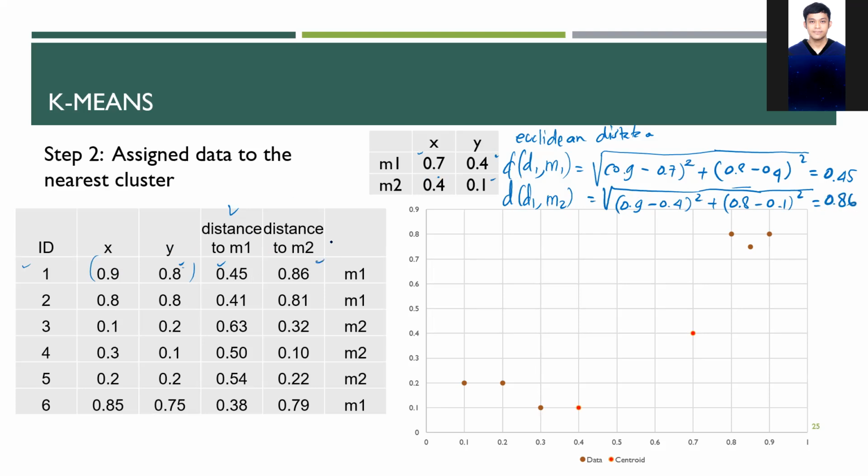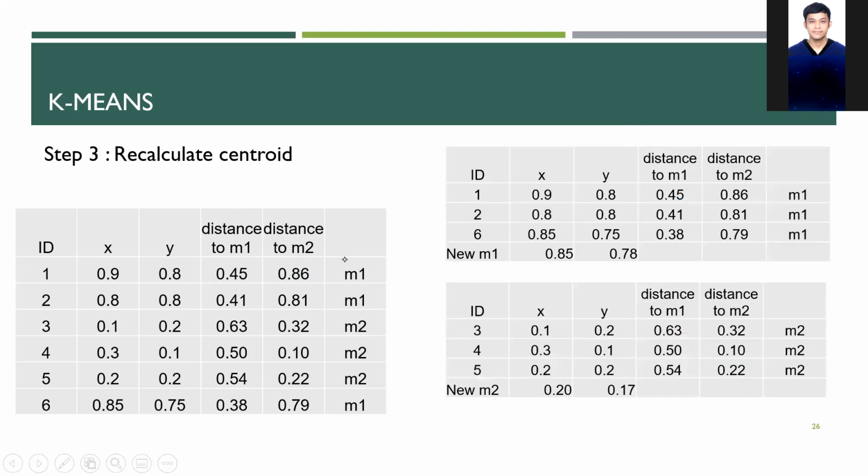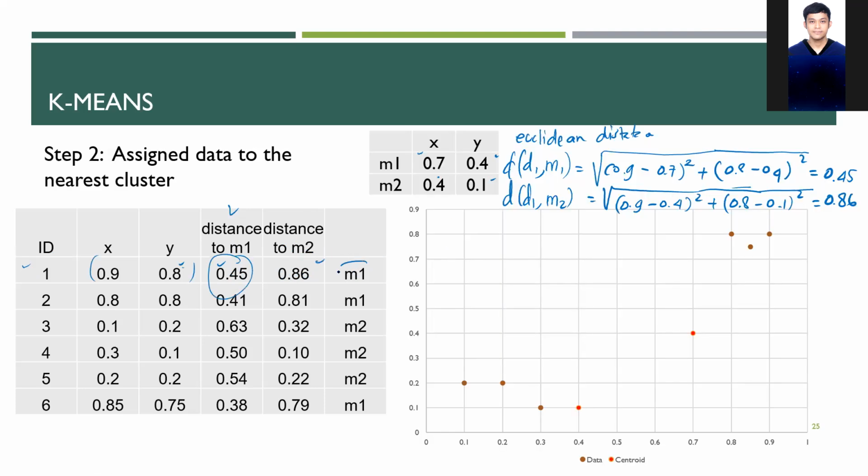So we have: data 1, distance to centroid 1 is 0.45, distance to centroid 2 is 0.86. We choose the closest one, the lowest one. So here it is lower than centroid 2, so for data 1, we assign it to centroid 1, into cluster 1, because cluster 1 is closer than cluster 2.